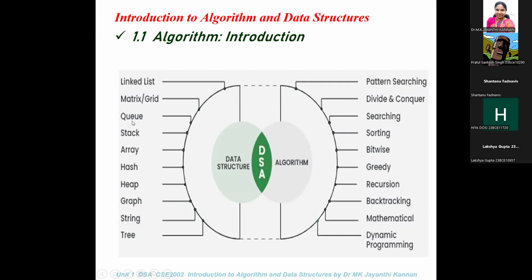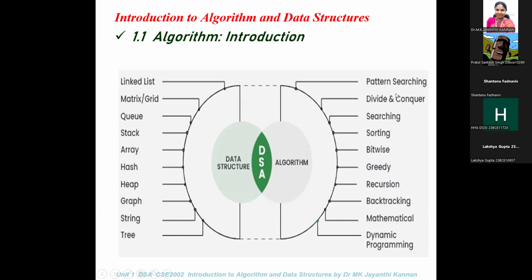Queues are first in, first out; stack is last in, first out; array is a collection of elements; then hash tables, heap structures, and graphs. It may be a coloring graph, or a directed graph, undirected graph, or weighted graph. Then strings and string operations. Then we have the tree structures: binary trees, balanced trees, AVL trees. Like that, we have a number of tree types.